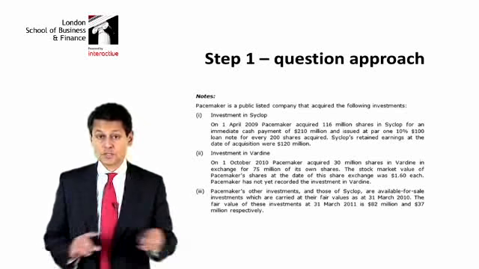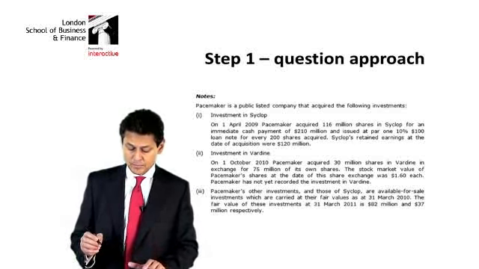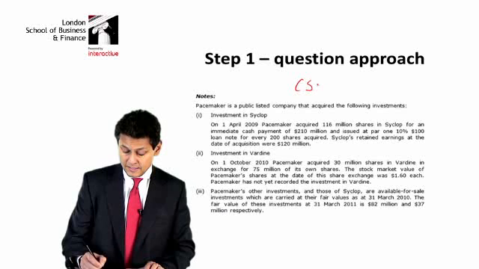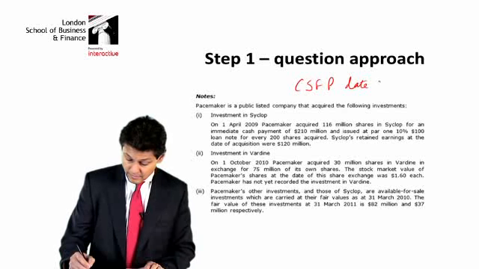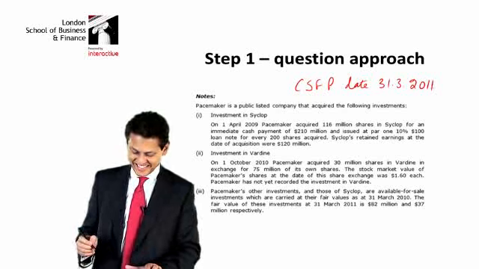Investment in Cyclop. So your pacemaker, you've invested in Cyclop on the 1st of April 2009. Don't forget, the CSFP date is, in this particular question, the 31st of March 2011.